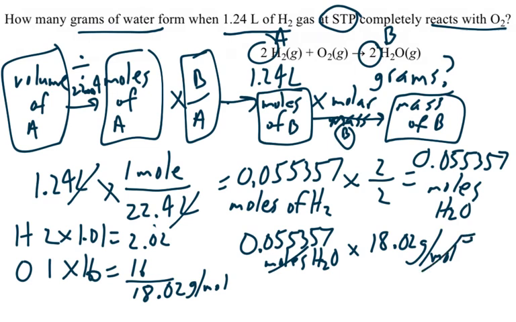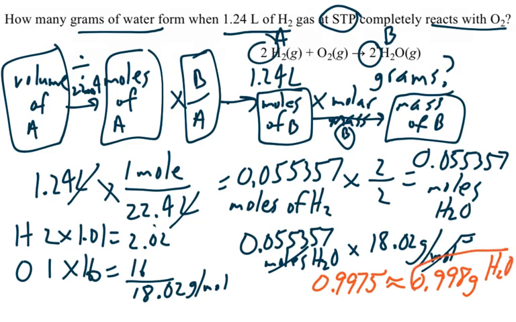You're going to get 0.9975. If we round this to 3 significant digits, it rounds to 0.998 grams of water. And that will be our answer here. This happens to be a volume to mass problem.